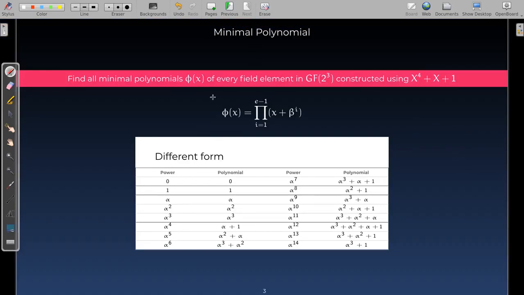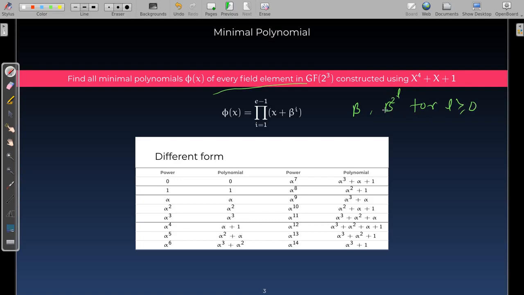Okay. So once again, to find the minimal polynomial, we have to find all the conjugates of field element beta, and the conjugates of field element beta are beta to the power 2 to the L for L greater than or equal to 0.